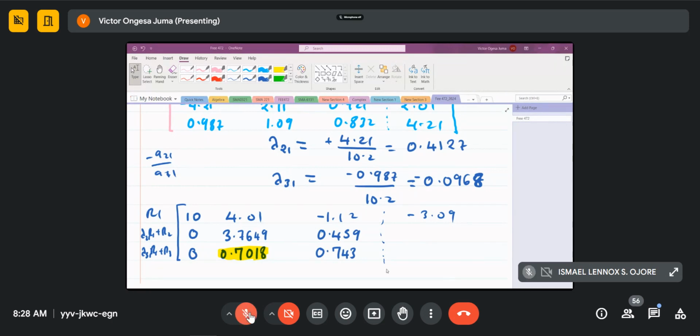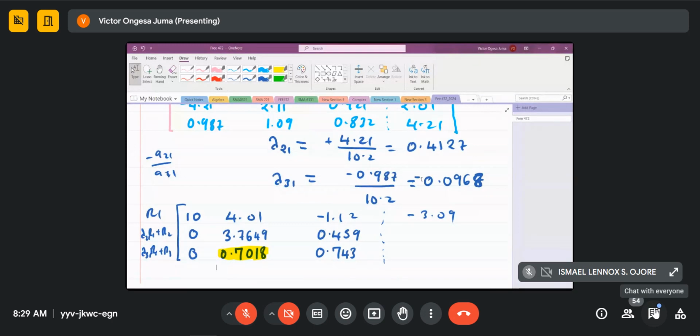Now, first, let us start from the multiplier. Are all your multipliers correct? Okay. If the multipliers are correct, then why are we getting these different values? It's surprising to me.